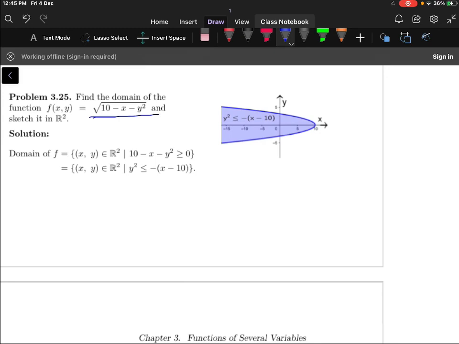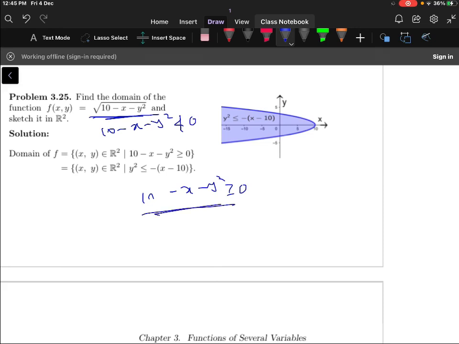So the given function is defined everywhere, but 10 − x − y² should not be less than 0. The function is defined where 10 − x − y² ≥ 0, and only in this region.